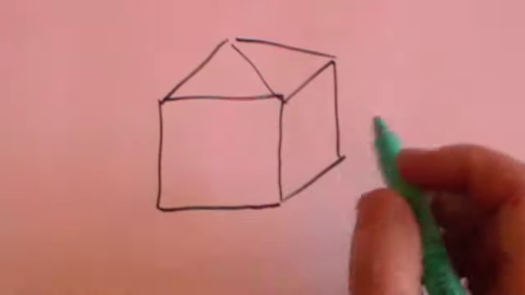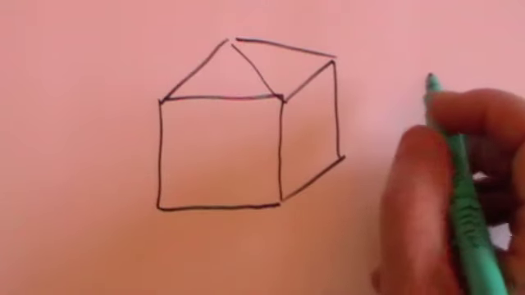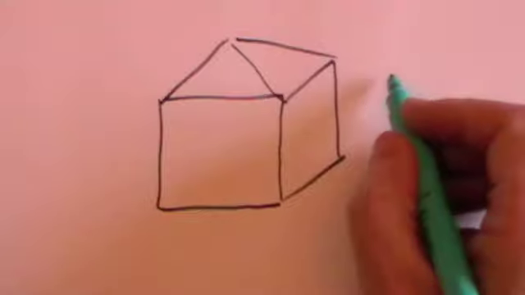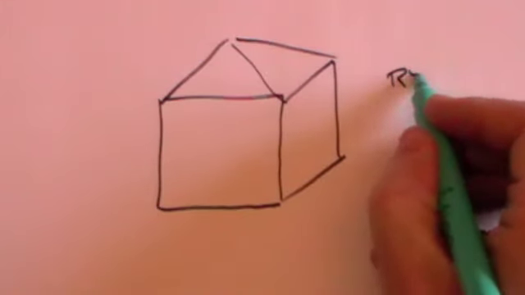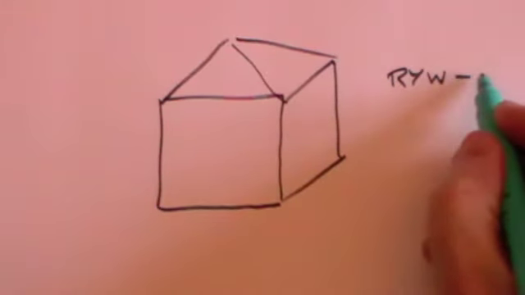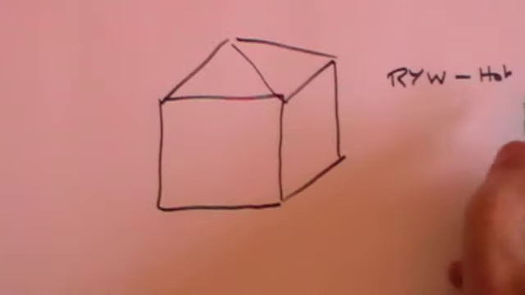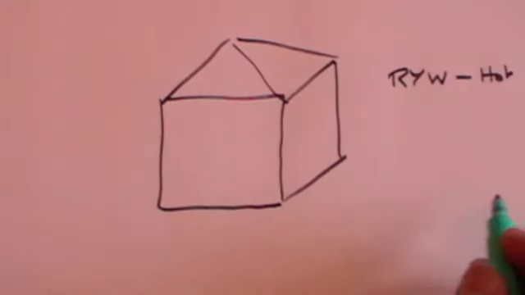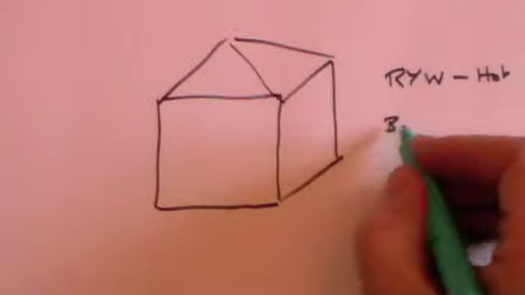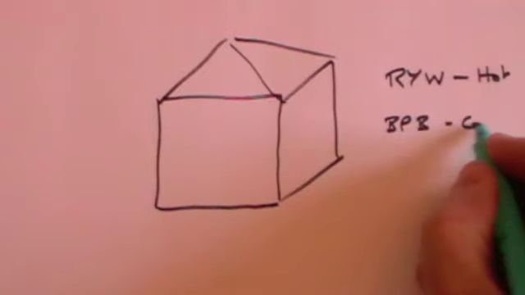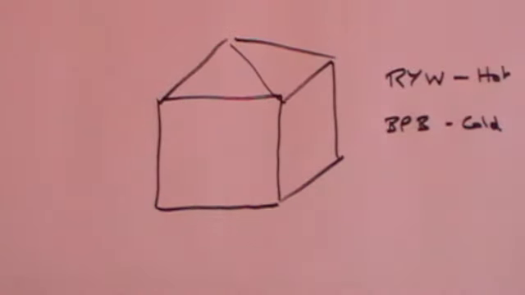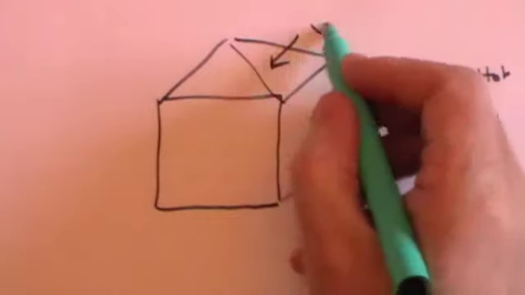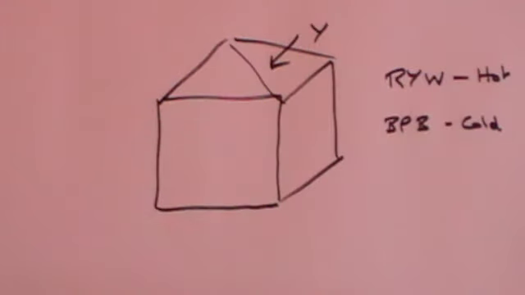So if, for example, you often find that on a thermogram, the light colours, the reds and the yellows and the whites, that means that's heat or it's hot. On the other hand, the blues and the purples and the blacks indicate cold. So if the roof is, say, yellow on your thermogram, that means a lot of heat is coming out of the roof and you need loft insulation.